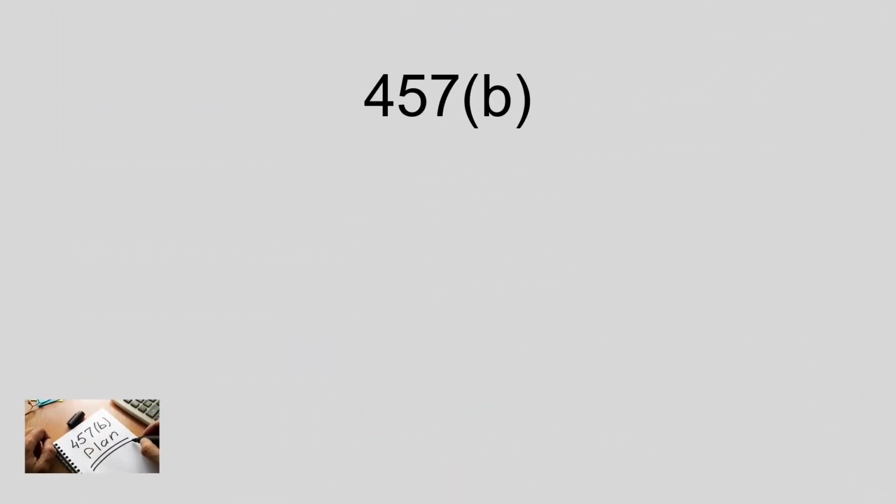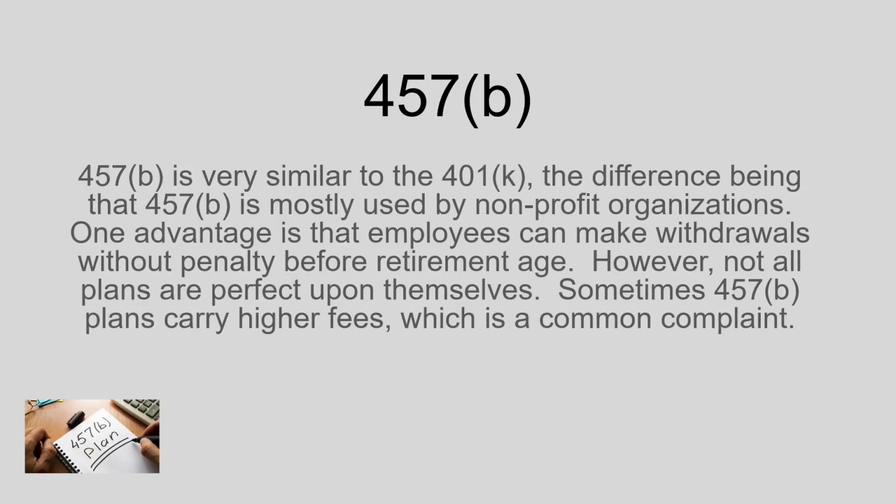The 457B. It's very similar to the 401k. The difference being that the 457B is mostly used by nonprofit organizations. One advantage is that employees can make withdrawals without penalty before retirement age. However, not all plans are perfect.